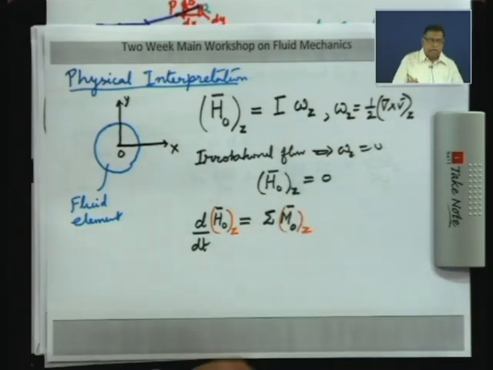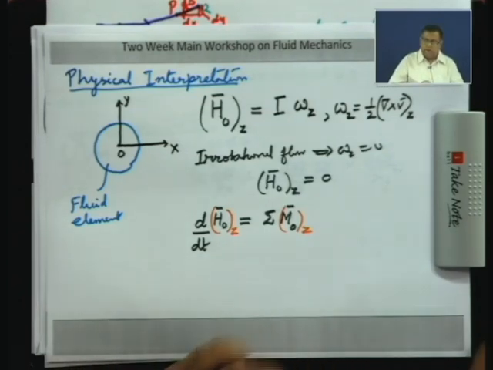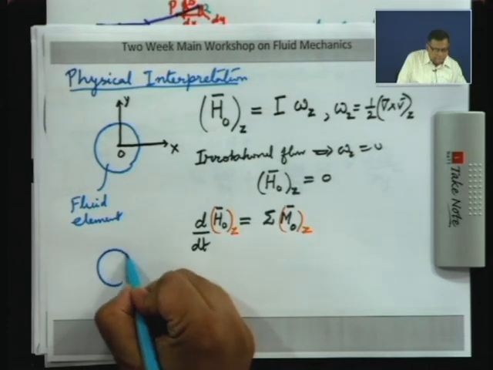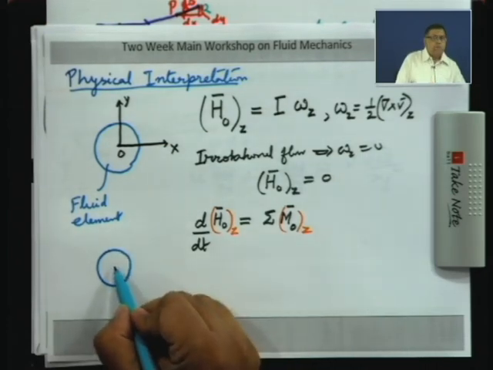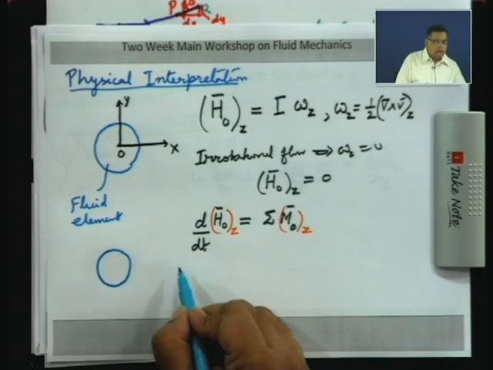Now, let us see what are the forces on the particle. So, if I draw a free body diagram of this fluid particle which is in the form of a cylinder, you have a body force and surface force. Now, the body force will effectively act at the center of gravity. Now, we are taking a fluid where the density is constant.